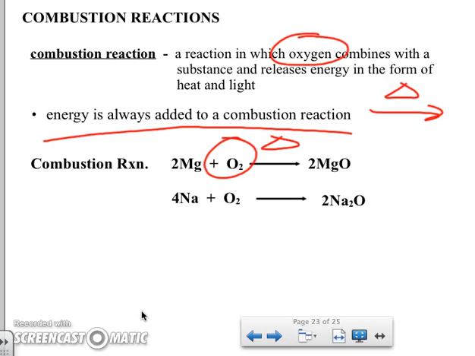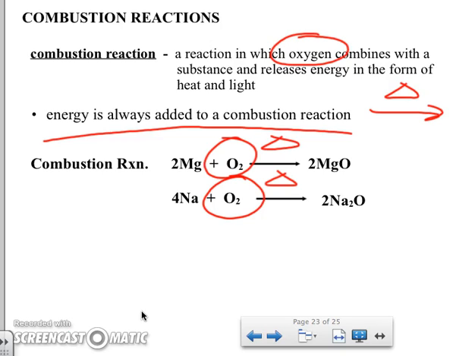If we look at the second reaction, we've got sodium plus oxygen yields sodium oxide. Again, this is a combustion reaction because oxygen is shown as a reactant. And again, we need that triangle over the arrow because energy is added in a combustion reaction.